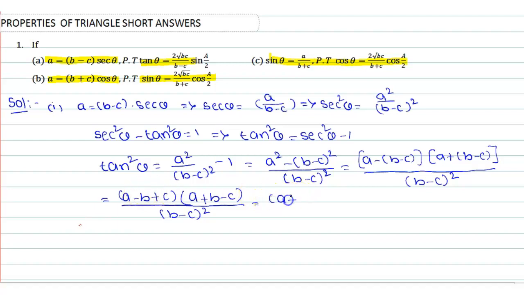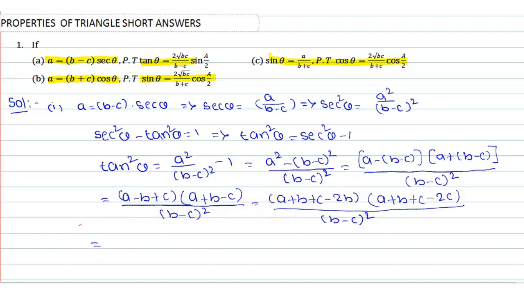So I am taking a plus b plus c minus 2b. And here add and subtract c, so a plus b plus c minus 2c. The denominator has no change, it is as it is: b minus c whole square.